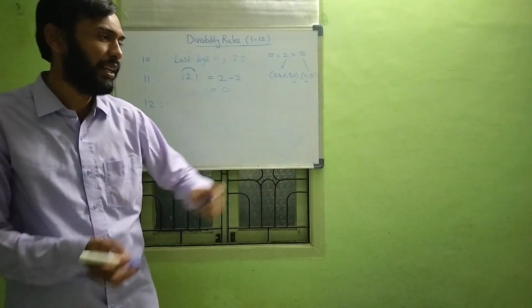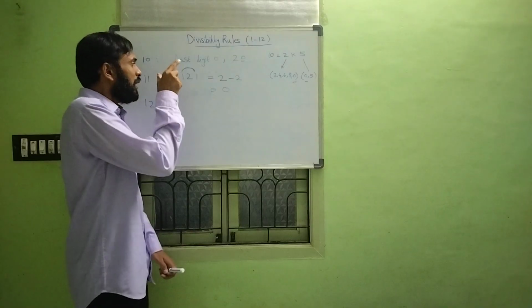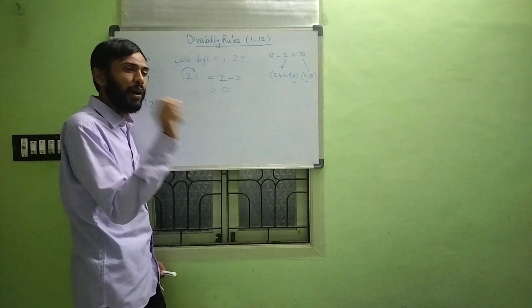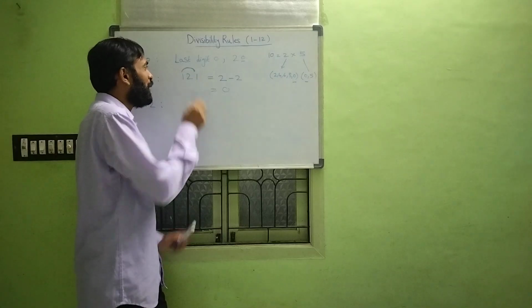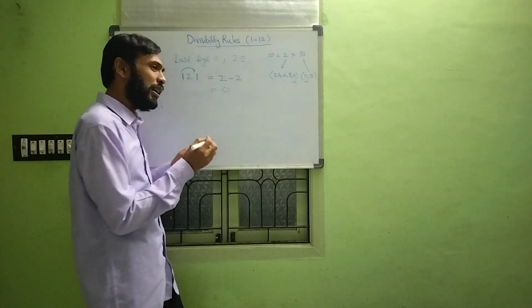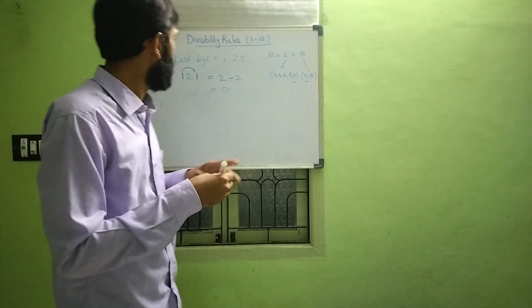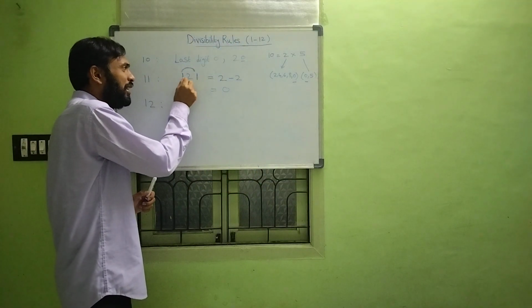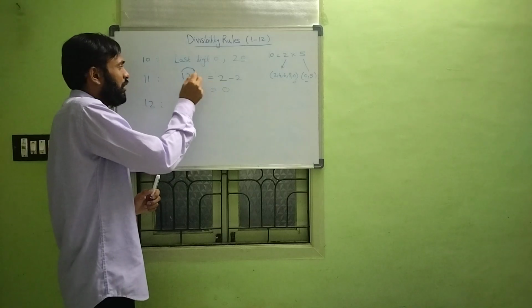So what's the rule? Let's understand now. Sum the odd digits. It's not odd numbers, odd digits. Here most of you are getting confused. Odd digit is different from odd numbers. So I am not talking about odd numbers, but digits: odd digit, even digit, odd digit.